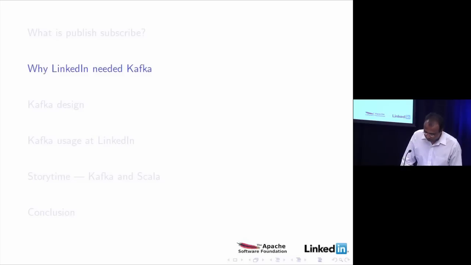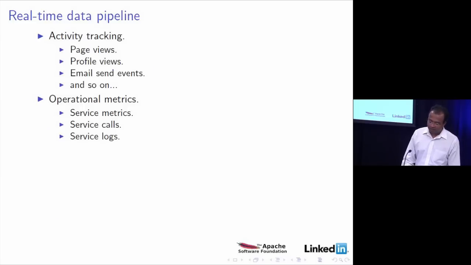And I'm going to talk about LinkedIn's usage of Kafka, although this really applies to any company, any website that deals with a sizable audience. At LinkedIn, we use activity tracking. It's a crucial ingredient in a number of LinkedIn products. We use user activity data to power recommendation systems, to optimize ad displays, and so on.